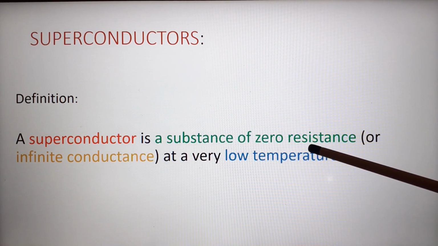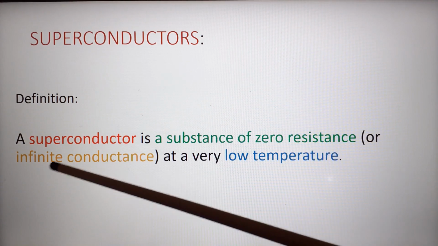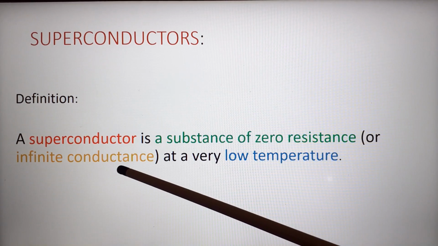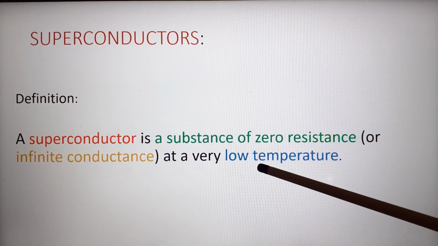It won't be exactly zero, but it will be almost zero resistance or infinite conductance. Now zero resistance means definitely its conductivity is going to be very, very high. So it is said infinite conductance. But it could be attained only at very, very low temperatures. That is nearer to 0 Kelvin. Not exactly 0, but nearer to 0 Kelvin.